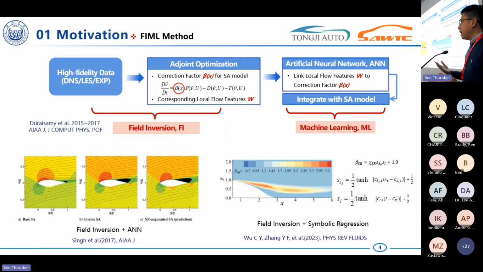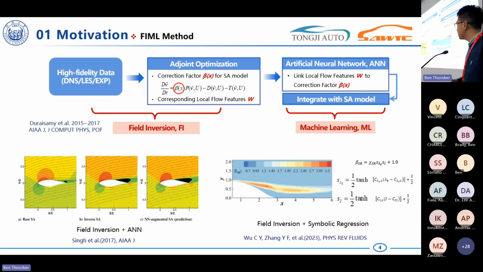Similar to data assimilation, an optimization problem is solved, aiming to minimize the difference between the RANS simulation and high-fidelity data like DNS, LES, or experimental data.